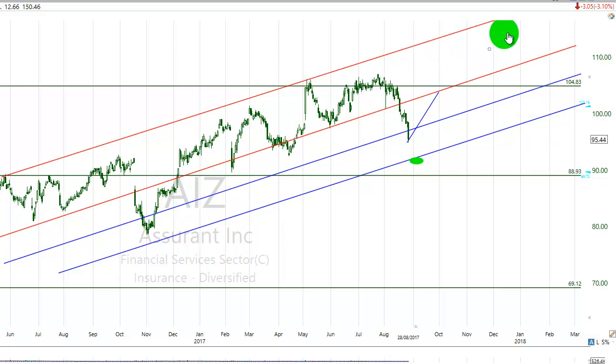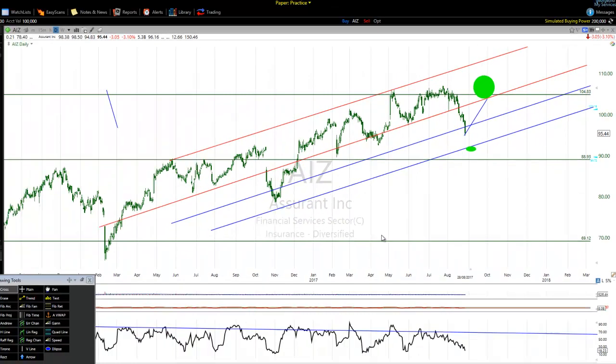So that trading setup is not ready yet because that candlestick bar is not yet closed, and also we do not have a sell signal yet.